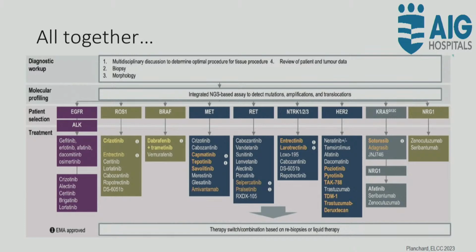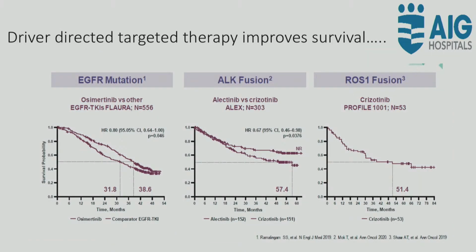And again, as I told you, therapy switching or combination or rebiopsy will be done at various stages of tumor progression. So during this journey of the patient, at each and every time point, we keep doing this molecular profiling.